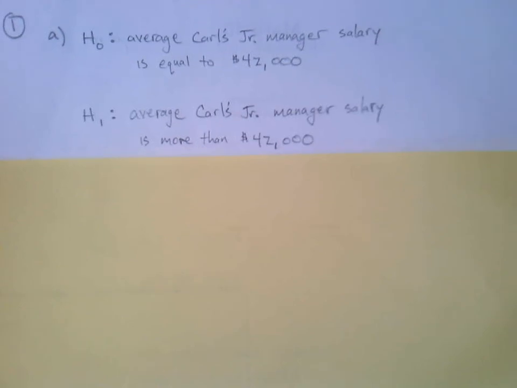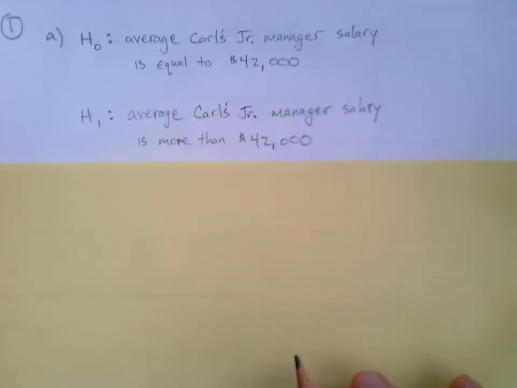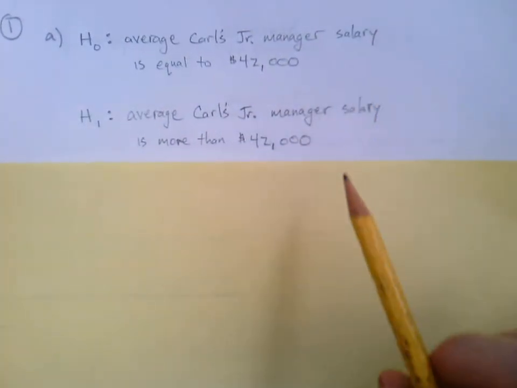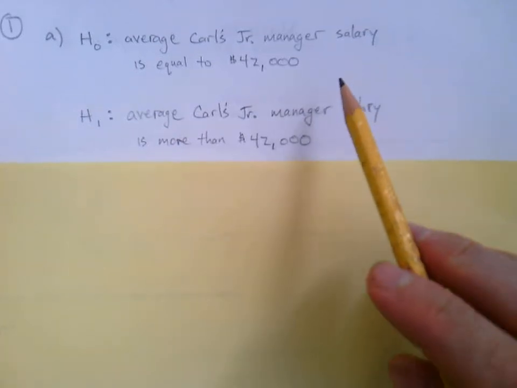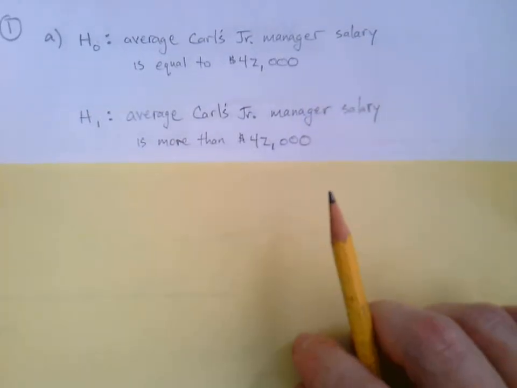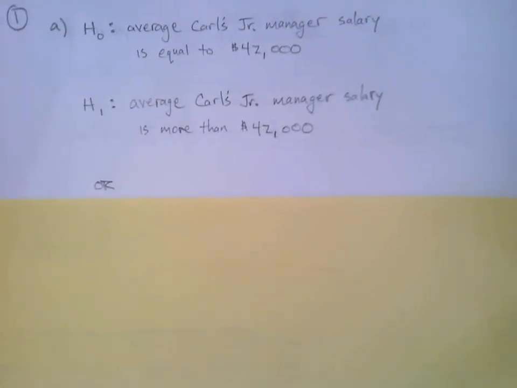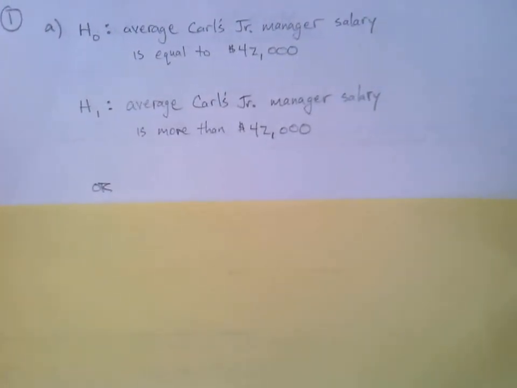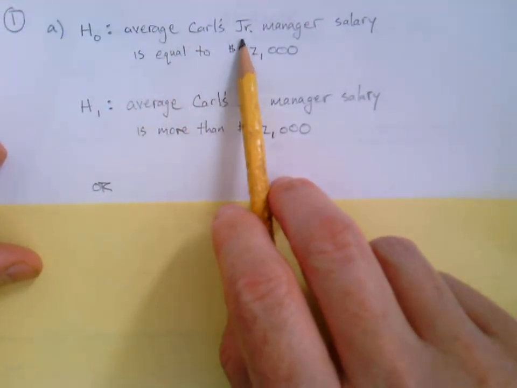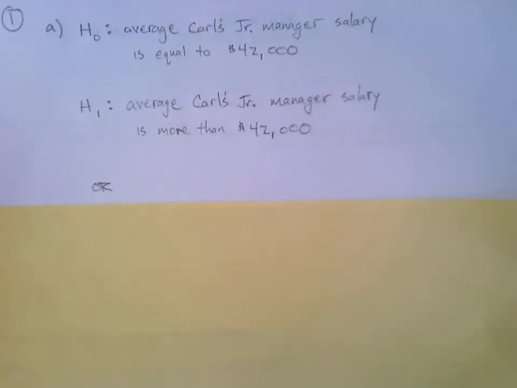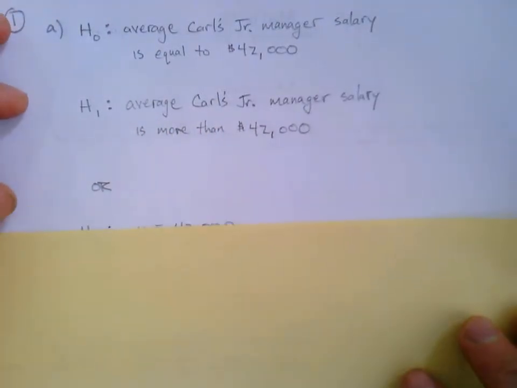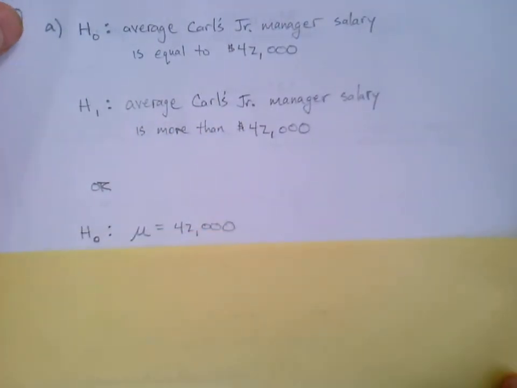So there's the null and alternative. These are the null and alternative hypotheses written out in words. We can write it out like a sentence. Typically, though, we really don't want to write these out as a sentence. We've got a better notation for that. Notice we're talking about averages. We're going to think of the average like mu.